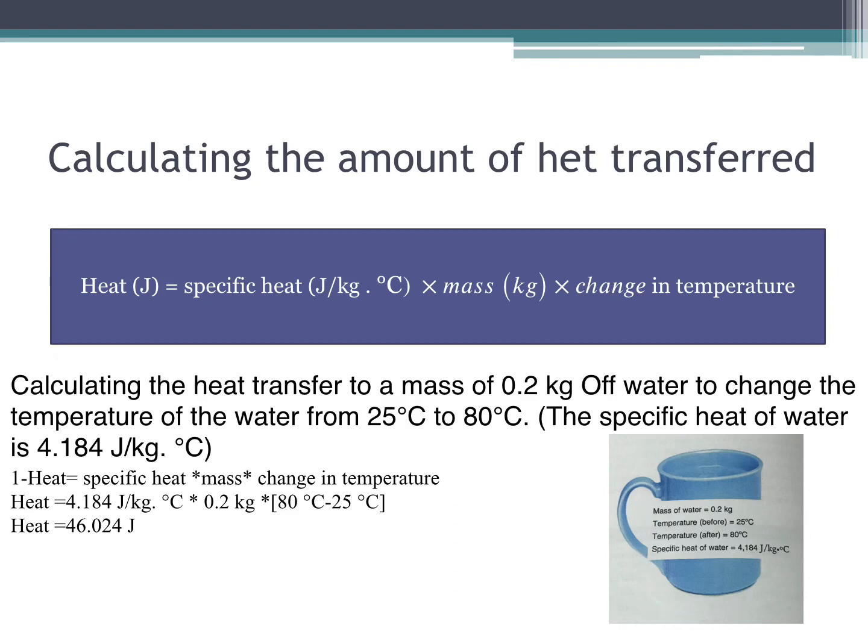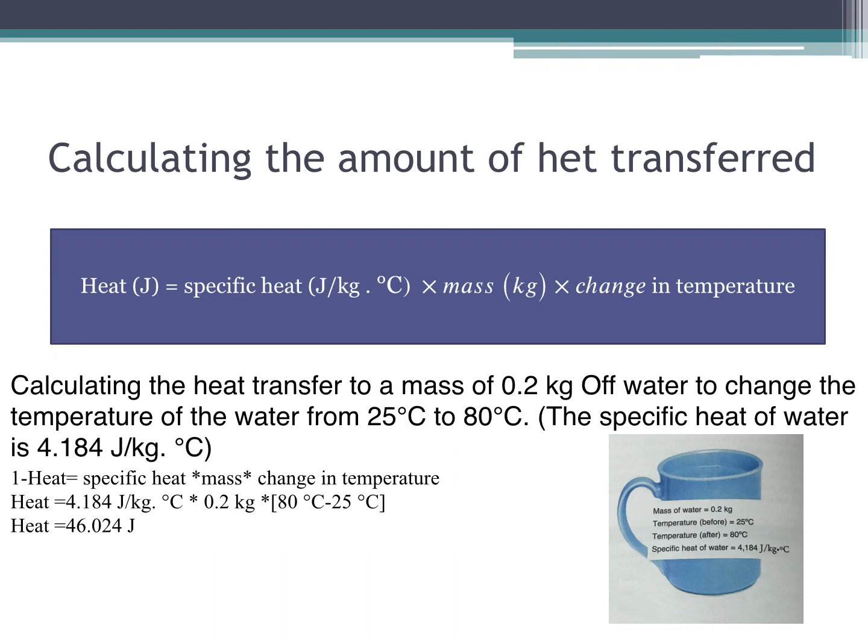So let us write down the equation. As you can see, the equation says heat equals specific heat multiplied by mass multiplied by change in temperature. Now each one of them has its unit, so you have to write down the unit too.